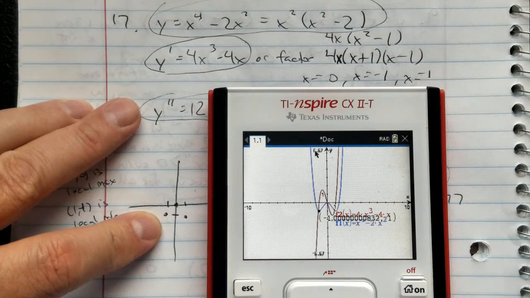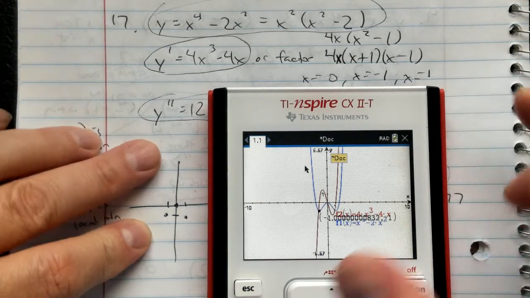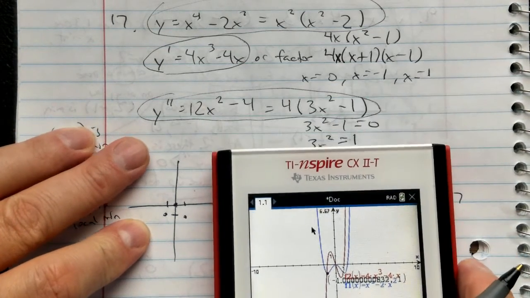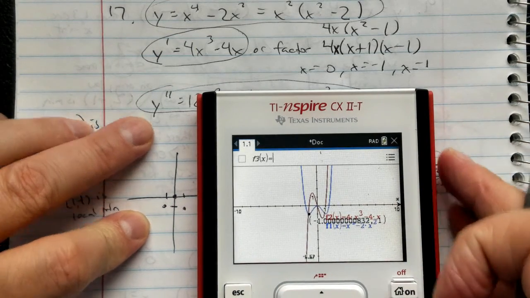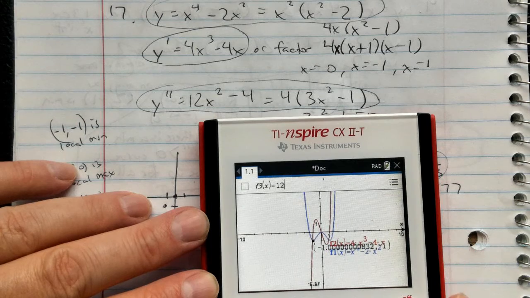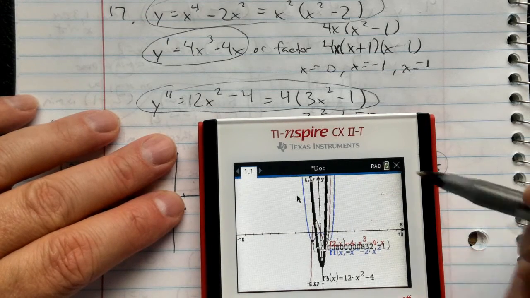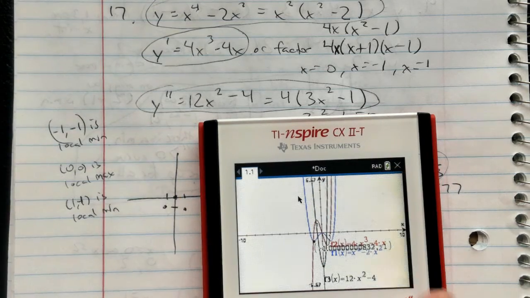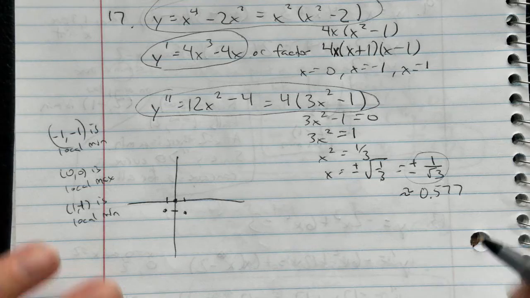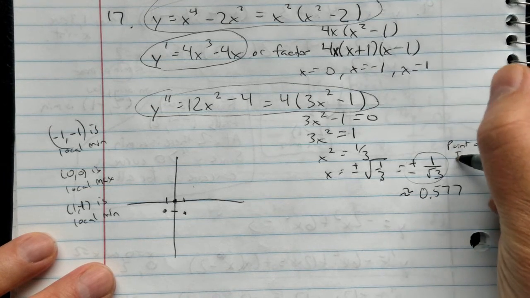And on these polynomial functions you can. And then the other one, 12x squared minus 4, that one's going to help you know your point of inflection. So these are going to be from the point of inflection.